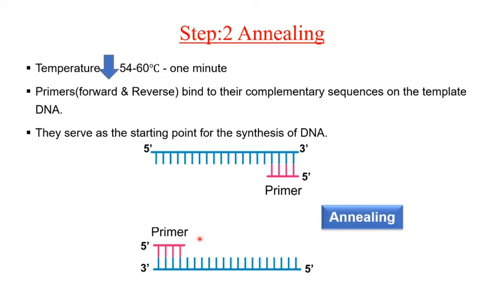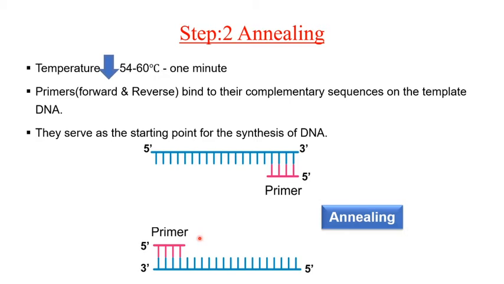The polymerase enzyme can only add DNA bases to a double strand of DNA. Only once the primer has bound can the polymerase enzyme attach and start making the new complementary strand of DNA from the dNTPs.